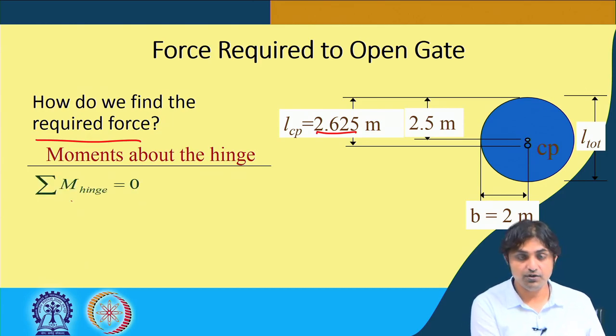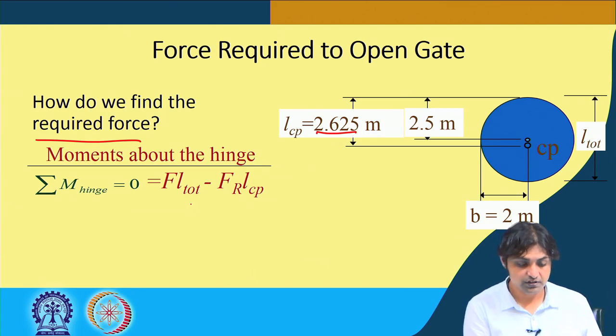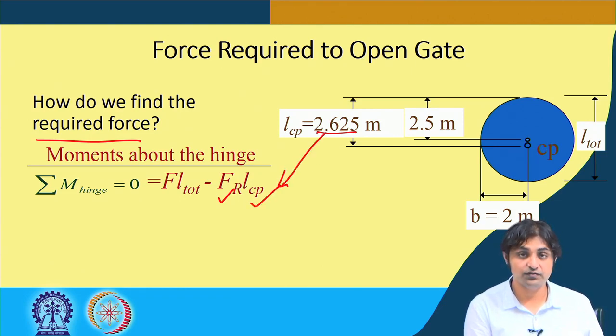Moment about the hinge will be 0, and this means force times total length will be the resultant force times the length of the center of pressure. We already know the resultant force and the location of the center of pressure. We need to find this F, and we already know L total.